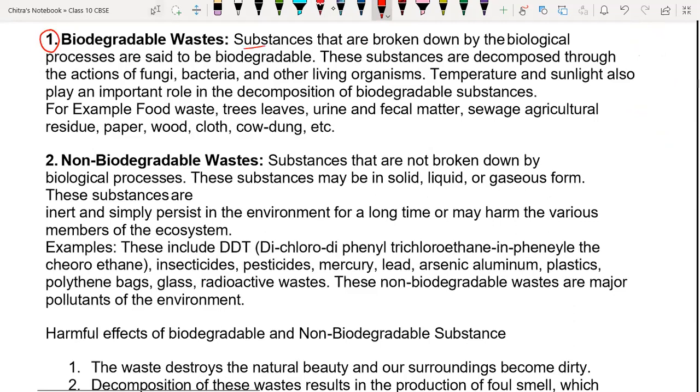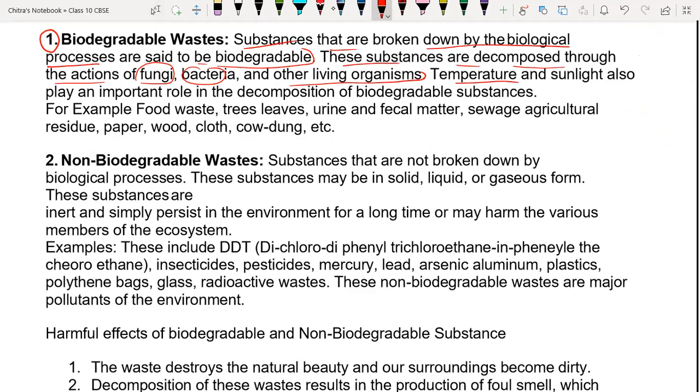All the substances that can be broken down by biological processes, called the decay or decomposition process, which takes place with the help of microbes, are said to be biodegradable waste. These substances are decomposed through the action of fungi, bacteria, and other living organisms.